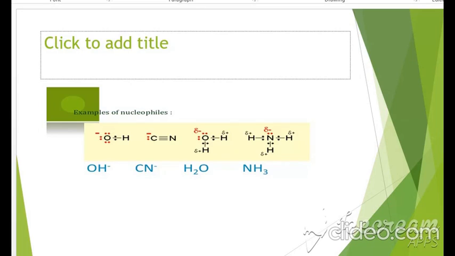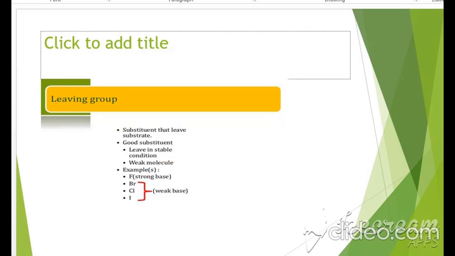Some are actually neutral, just like water and ammonia, but the nitrogen and oxygen contain a lone pair of electrons. That's why they are called nucleophiles, because they are rich in electrons. Second, the opposite of a nucleophile is the electrophile.